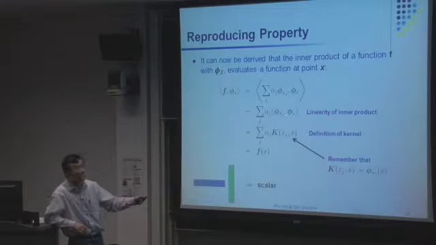This is the inner product between a feature at xj and a feature at x, right? And this is due to linearity of the inner product. And then we go back to the definition of the kernel, and that basically gets us to this part.